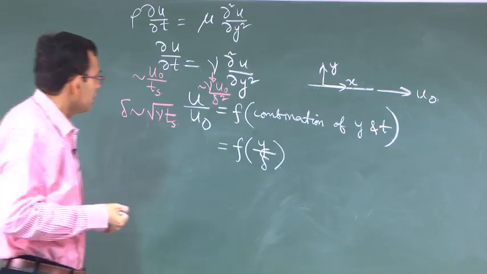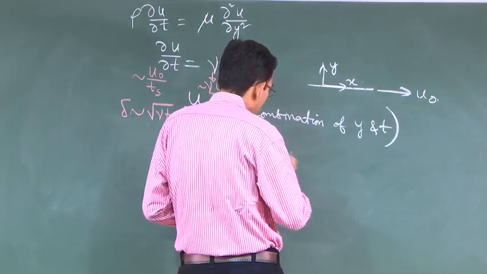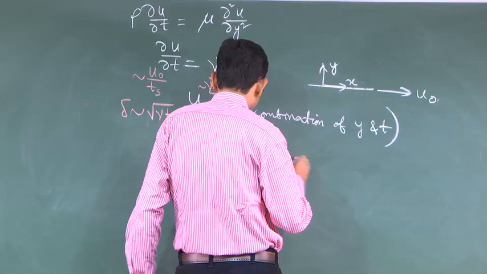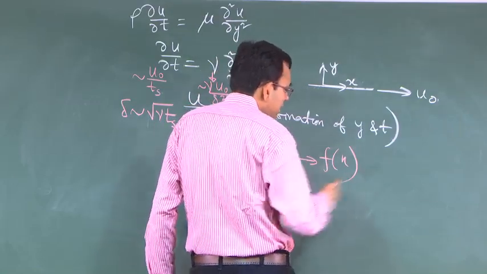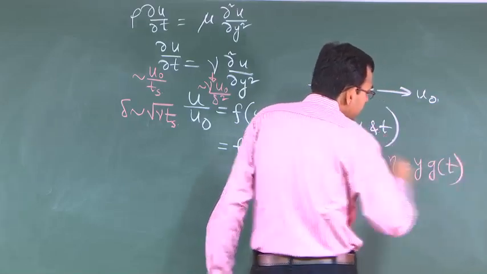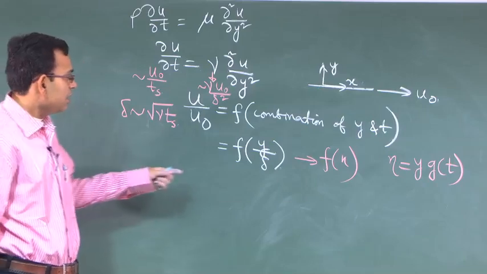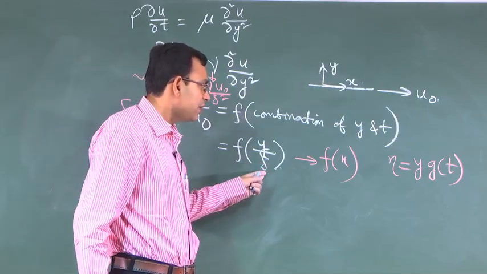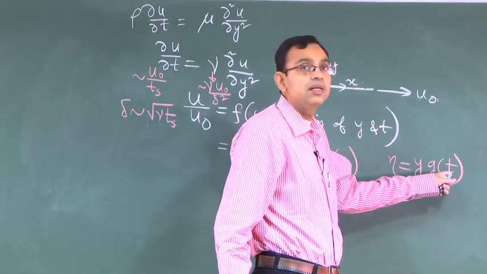Okay. So now if you give this y by delta the name eta, so this is f of eta, where eta is the similarity variable. Mathematically we can write eta is equal to y into a function of t. Why a function of t? See, delta is a function of t, and 1 by delta scales with g of t.